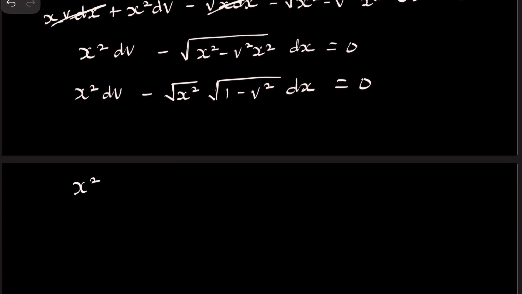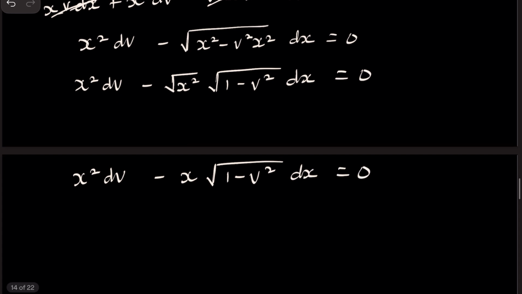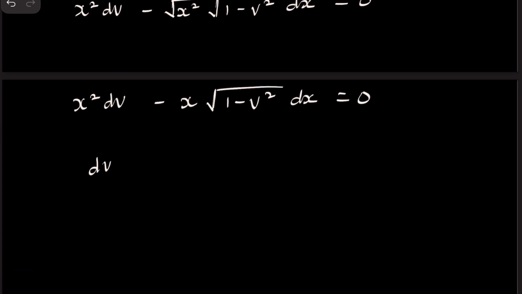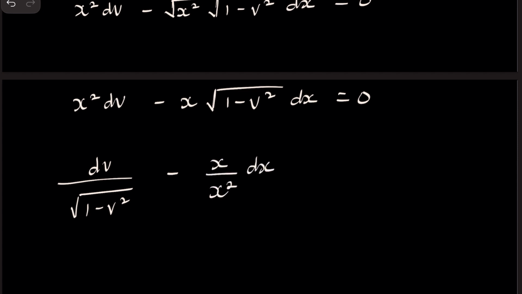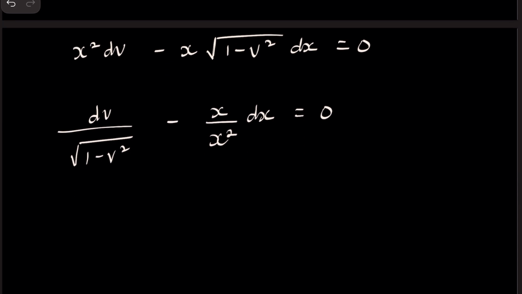Thus we are going to have x squared dv minus x square root of 1 minus v squared dx is equal to 0. Separating terms gives dv on the square root of 1 minus v squared, then minus x on x squared dx is equal to 0. Thus this simplifies to dv on square root of 1 minus v squared is equal to 1 on x dx.